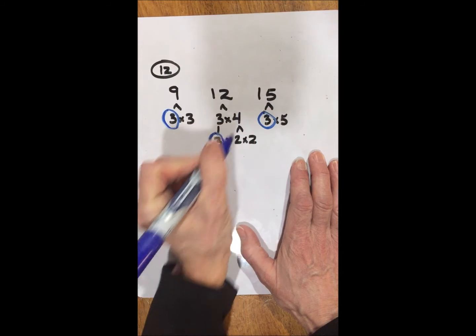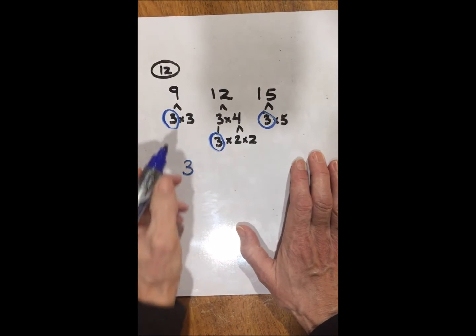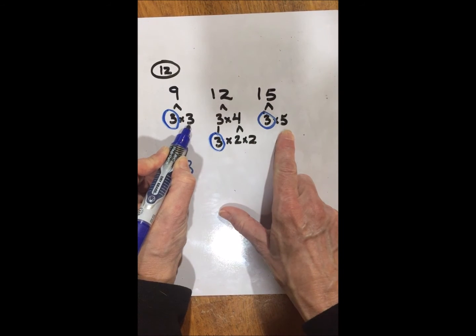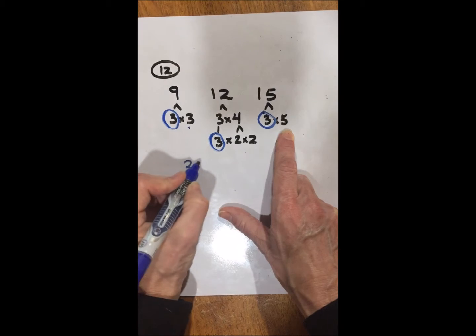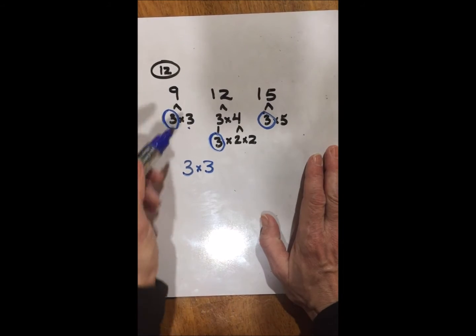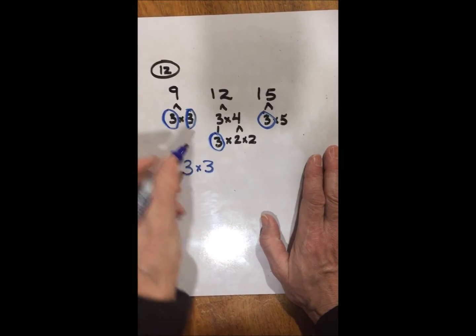This 3 can only be used one time because it shows up in all 3 numbers. Then I go on. I have a 3 here, I don't have another 3 here, and I don't have another 3 here. I need to use that one down here, so I will write it. Okay, so that one's done. I need to use that.